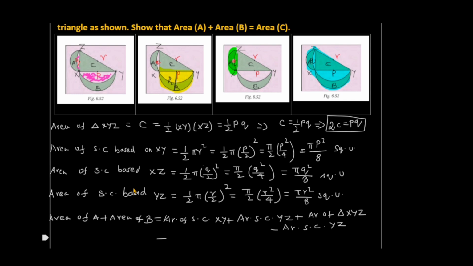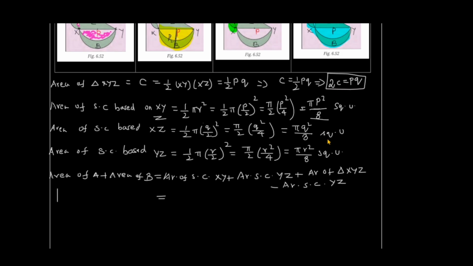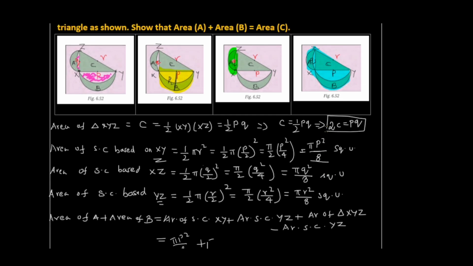Area of semicircle based on XY we got here is pi P squared by 8. Plus, wait a minute, not YZ, it is XY and XZ.